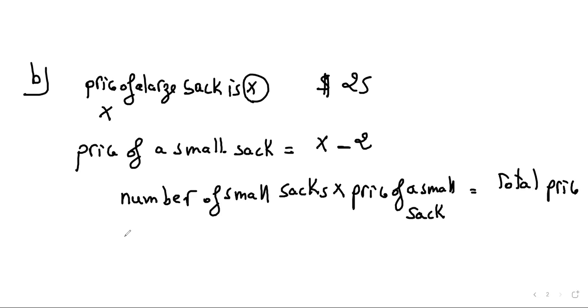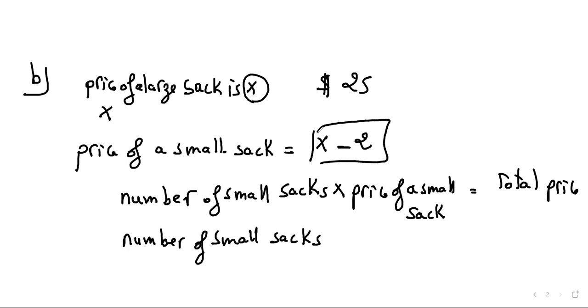So the number of small sacks, this is what we are looking for, times the price of a small sack. The price of a small sack, we already talked about, so it's times X minus 2 is equal to the total price, which is equal to 25.